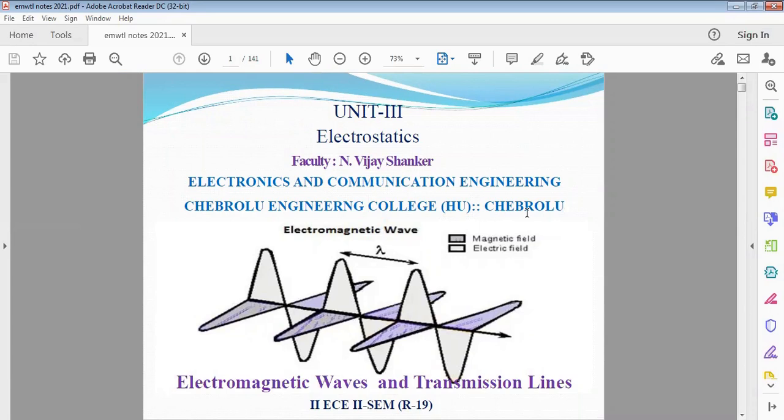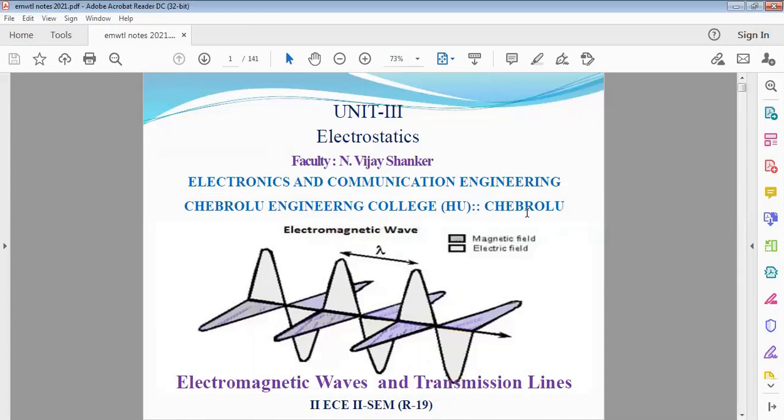Today, we are going to discuss the same topic, electrostatics. In the previous class, yesterday's class, we discussed the electric field intensity due to the infinite line charge and the electric field intensity due to the charged circular ring.